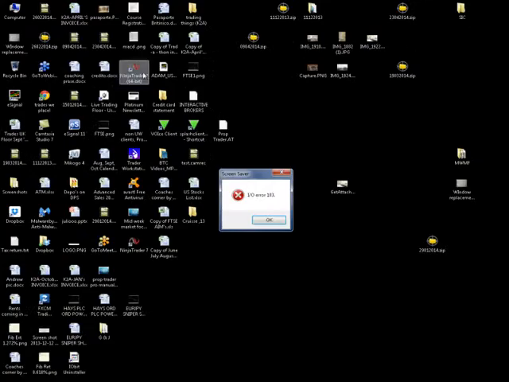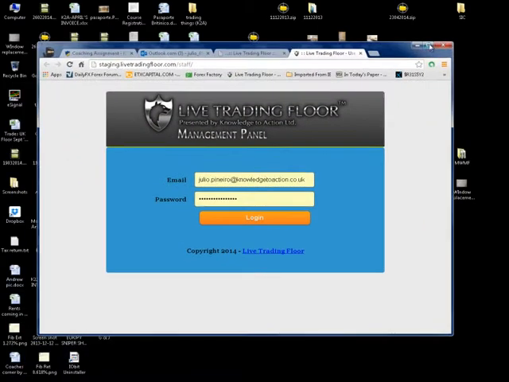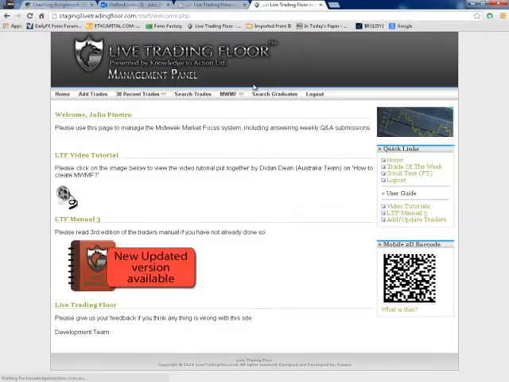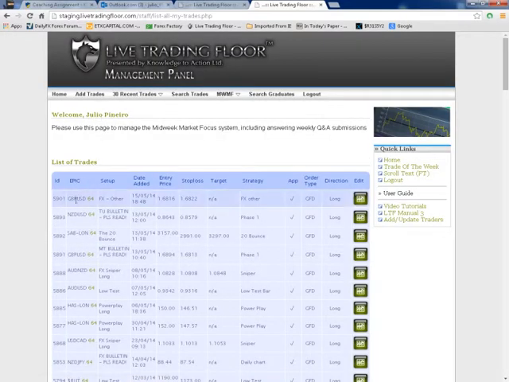This is how I placed it as a thread alert on the management panel. I've already sent another email out with instructions on how to trail your stop loss. So now we're moving the stop loss, but only when the bar closes.